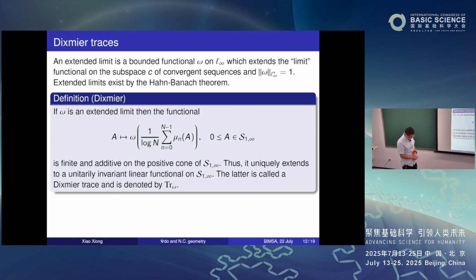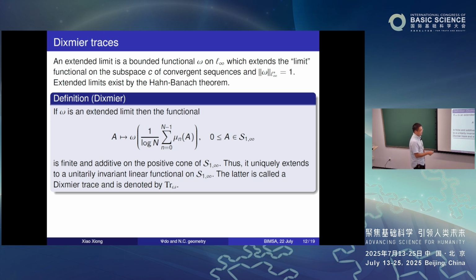So given this Schatten class, we would like to define an integral. In the very classical case, the integral is a positive linear functional on, say, L infinity or L1. But here, the quantum integration is a trace.